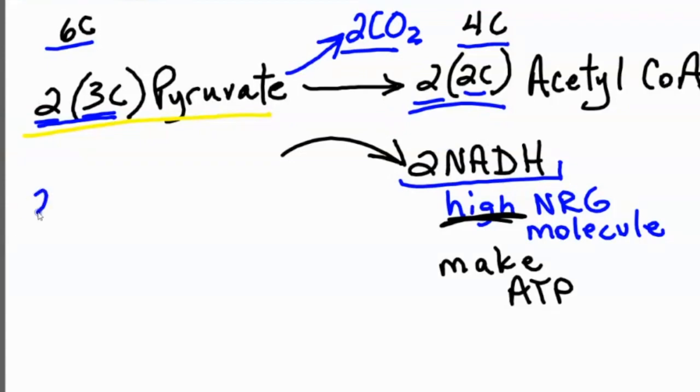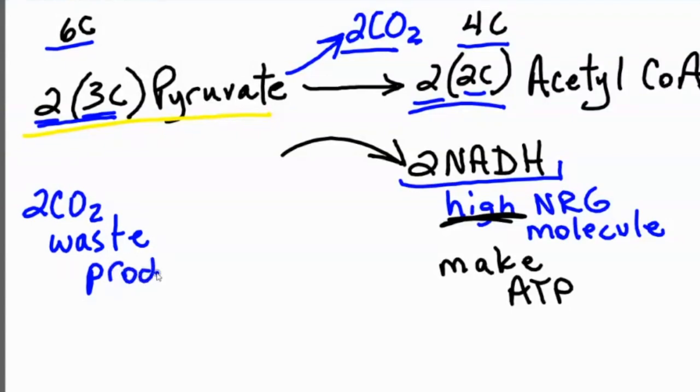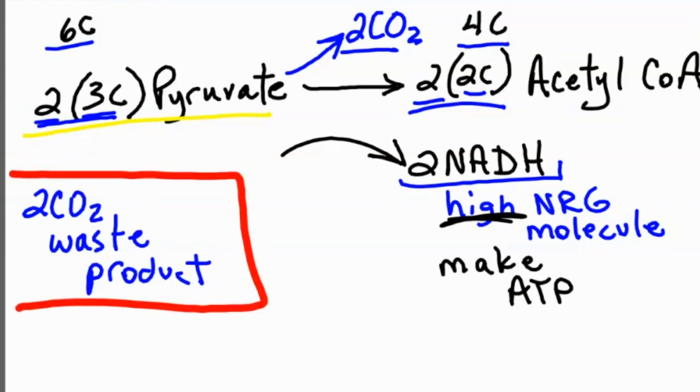Those 2 CO2s are considered a waste product from this, okay? So in cellular respiration, we are going to be trying to make ATP, and during some of these steps, we are going to produce some carbon dioxide. How do we get rid of the carbon dioxide? We breathe it out. We breathe it out, okay?